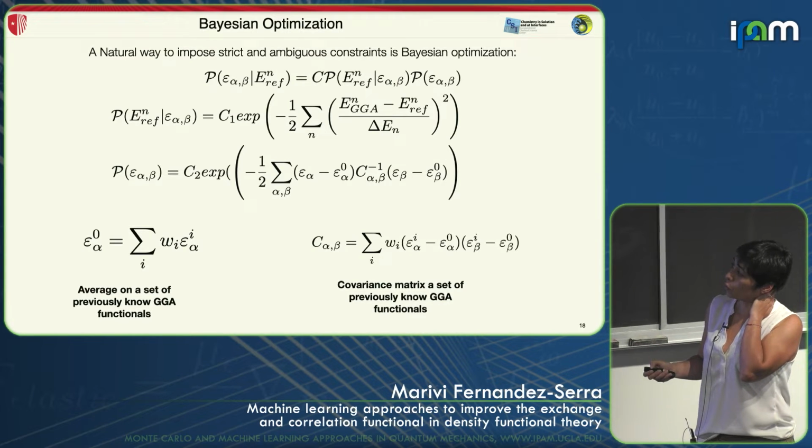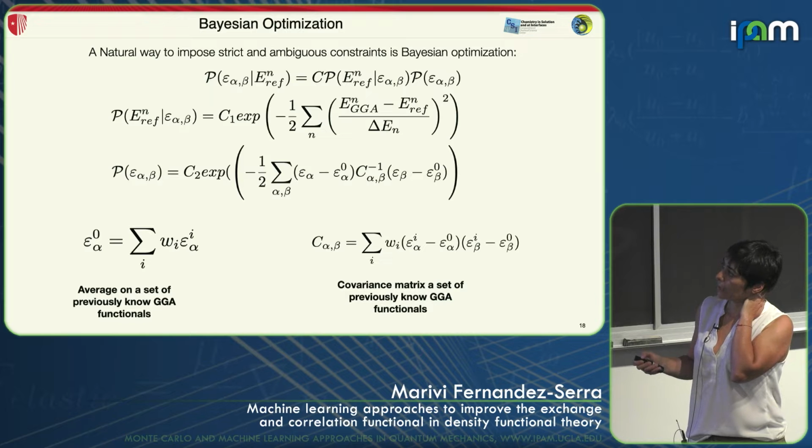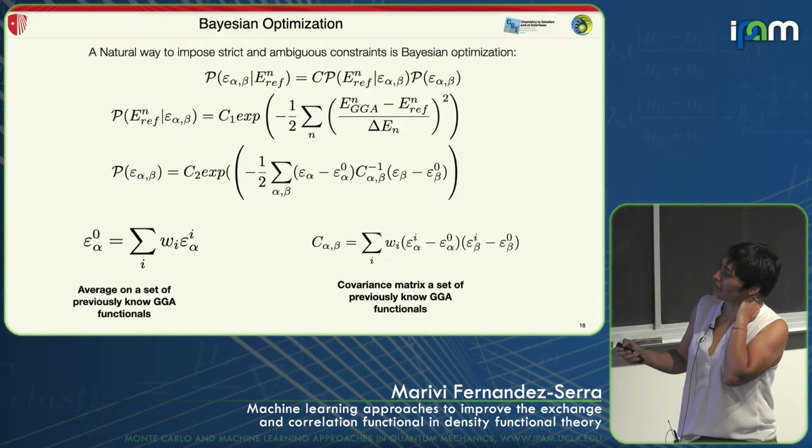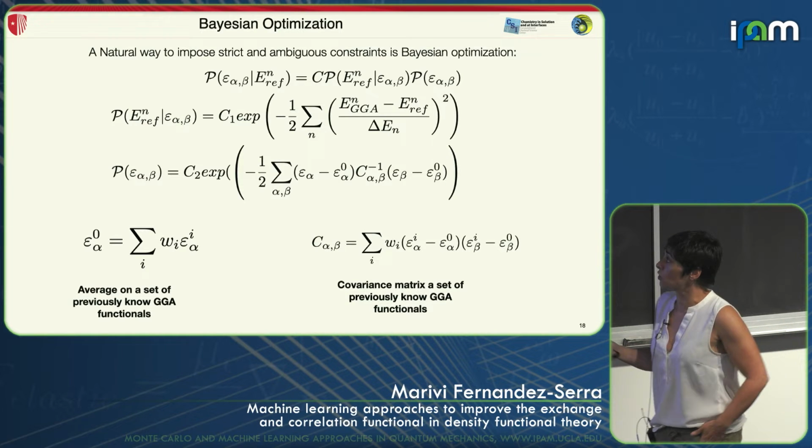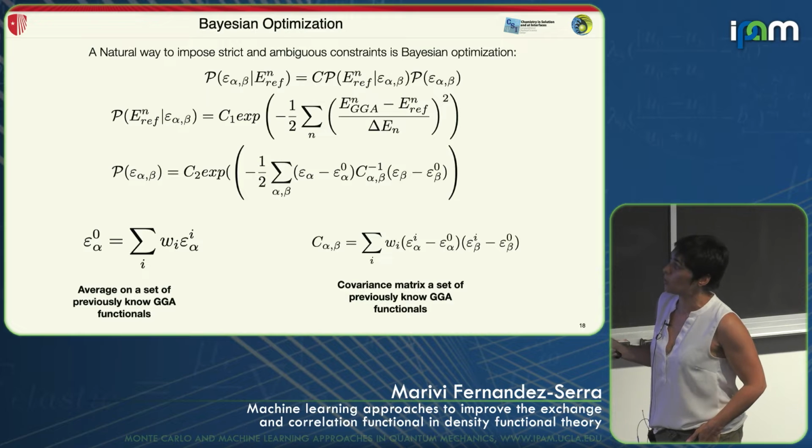What we are going to do is maximize this Bayesian probability of finding our parameters given the reference energies, which is proportional to the probability of obtaining those reference energies if our model is correct, times some a priori estimation of the probability of our model being correct.